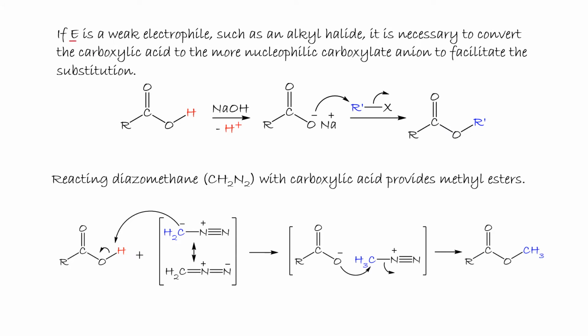If E is a weak electrophile, such as an alkyl halide, it is necessary to convert the carboxylic acid to the more nucleophilic carboxylate anion to facilitate the substitution reaction. So we will take the carboxylic acid, treat first with sodium hydroxide to form carboxylate.